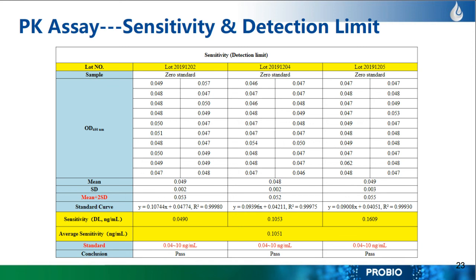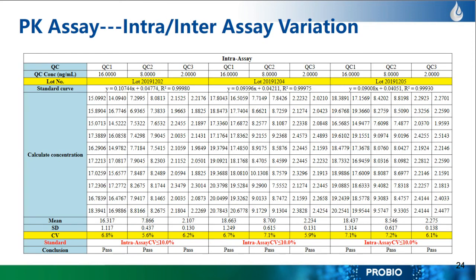In addition to that, the inter- and intra-assay variations are also key parameters in the PK assay development. The intra-assay difference should be controlled at 15%, and the inter-batch difference is controlled at 10%.